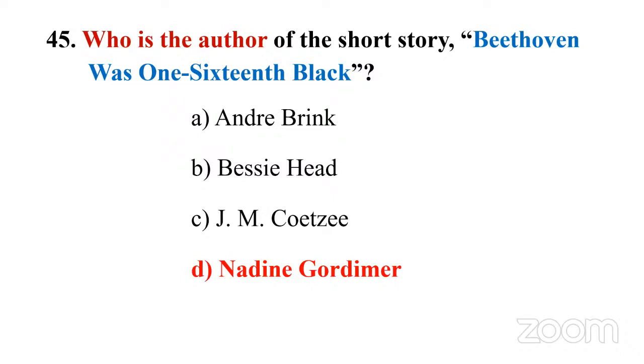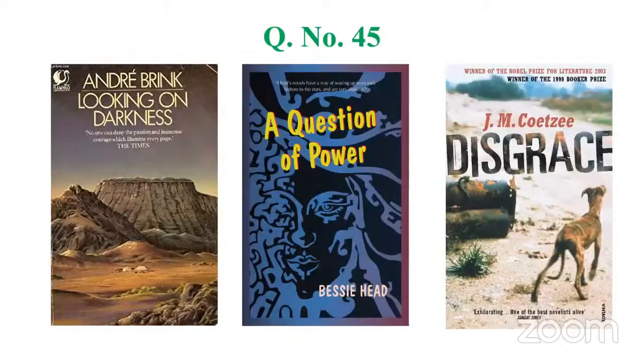Okay. Let's also check out some of the famous works. So we have Andre Brink, his famous novel, Looking on Darkness, which was actually banned when it was written. Then we have Bessie Head, A Question of Power. And we have the Nobel laureate and Booker Prize winner, J.M. Coetzee, C-O-E-T-Z-E-E.